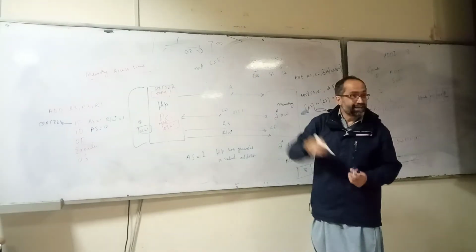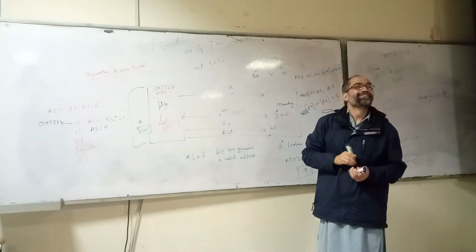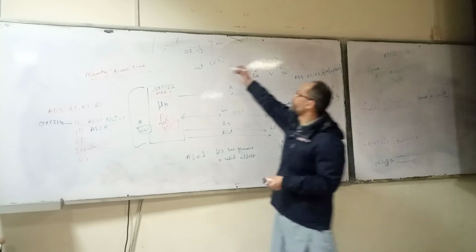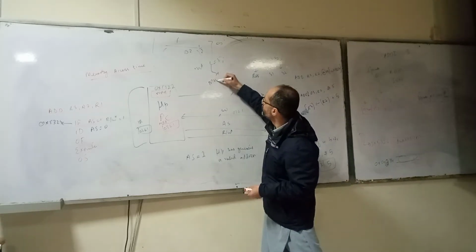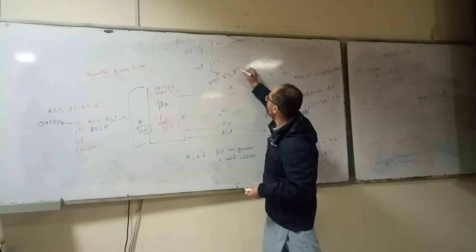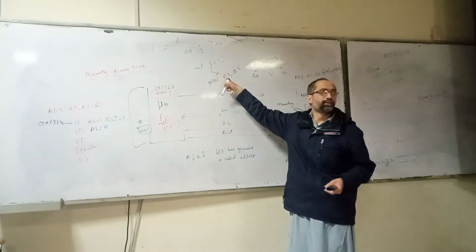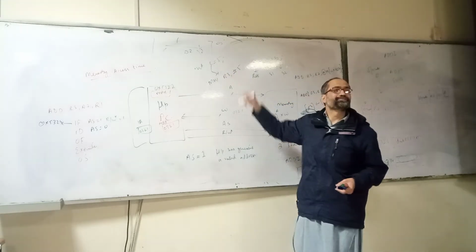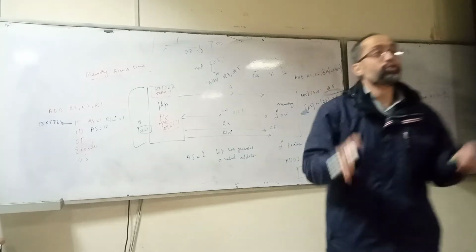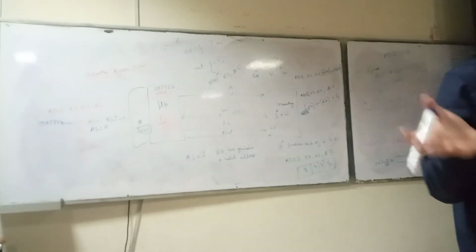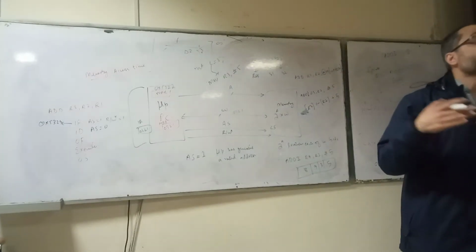Now you are initializing a value of 5 to c. So maybe the assembly instruction is move R3, hash 5. So now you are storing the value of c in which register? R3. So immediate addressing mode is used to initialize a constant value.